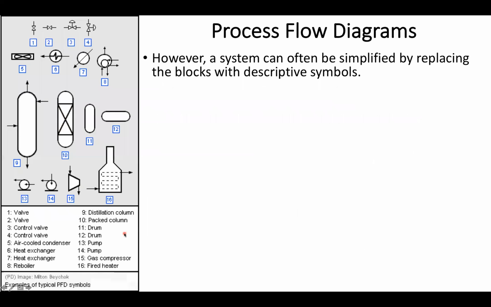And so what we can do is replace all of those blocks with descriptive symbols. So one of the things to watch out for is there are a lot of symbols to use. And so here on the left, I have a quick description of several common symbols. You may notice that there are no unit operations in this list.